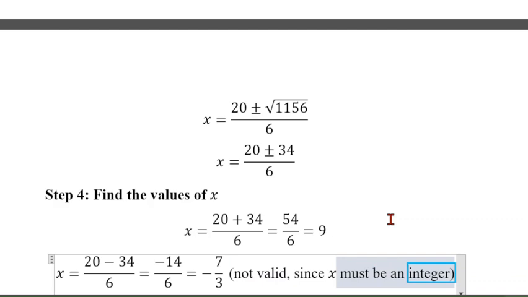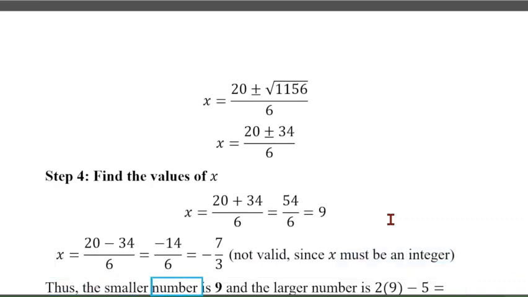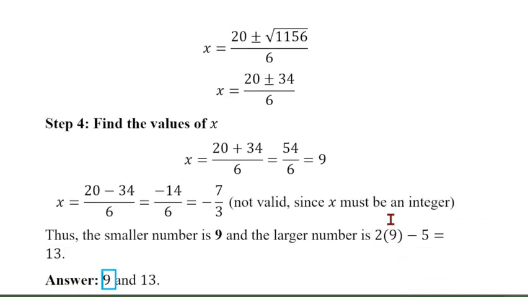Thus, the smaller number is 9 and the larger number is 2(9) − 5 = 13. Answer: 9 and 13.